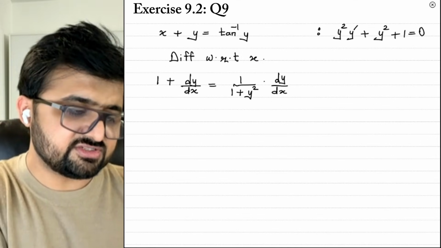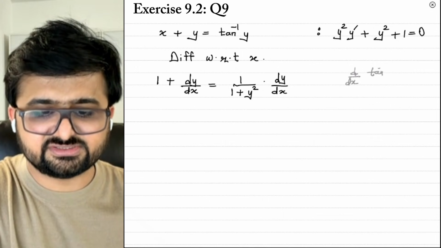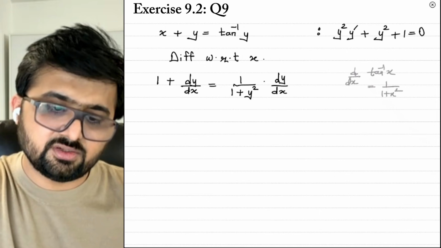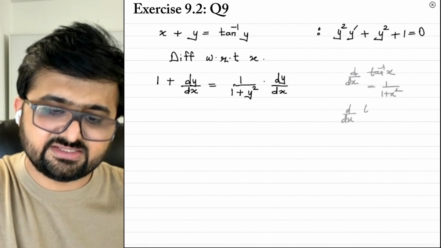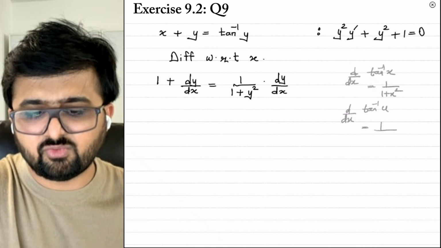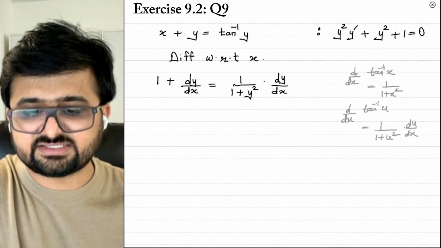Because we know that derivative of tan inverse x is 1 upon 1 plus x square. But if it was instead of x, derivative of tan inverse u, the derivative is 1 over 1 plus u square into du by dx. That is the chain rule.